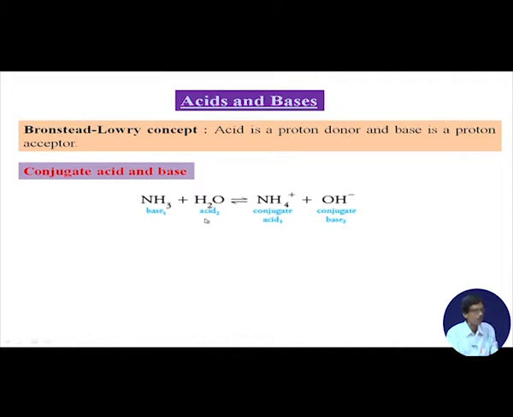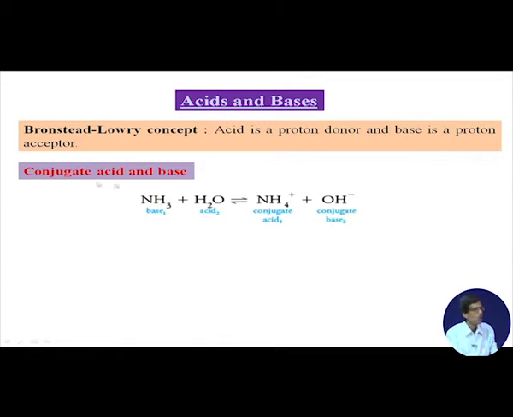Ammonia is a gas, we all know, and the ammonia solution is what we call ammonium hydroxide, or aqueous ammonia. In presence of water, this water molecule can function as an acid, that means the proton donor, which can donate the proton to ammonia, forming the ammonium ion and the hydroxide ion.